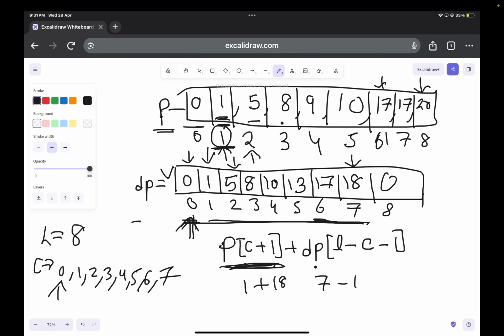Yes, sir. 17 plus 1 is 18. So what you are doing here, you are cutting 8 into 1 plus 7. Yes, 1 plus 7. Yes, sir. Okay, so actually we are doing length 7.